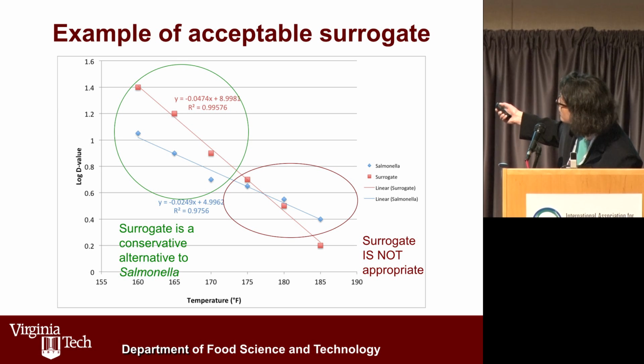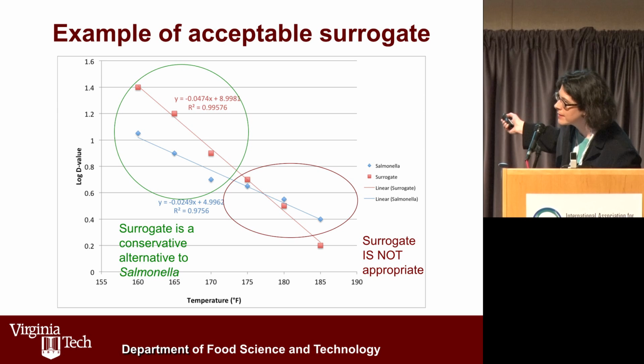inactivated the target pathogen. However, I'd like you to look at starting at the temperature of 175. So that's this red circle here. At this point, it becomes more difficult to inactivate the Salmonella in comparison to the surrogate. And so therefore, at these higher temperatures, the surrogate that is examined here is no longer an appropriate choice for validation work for the Salmonella in this case.